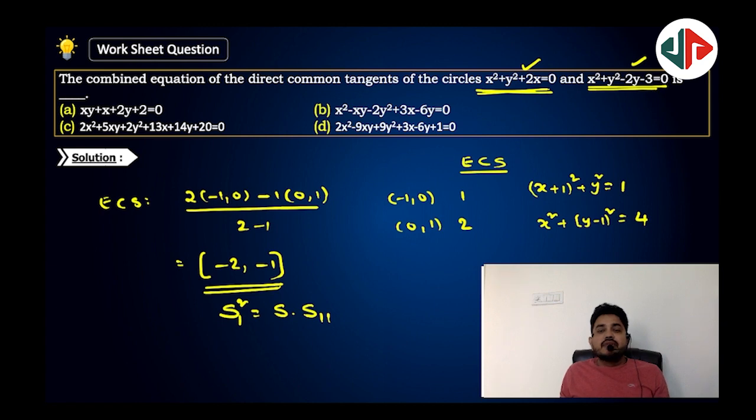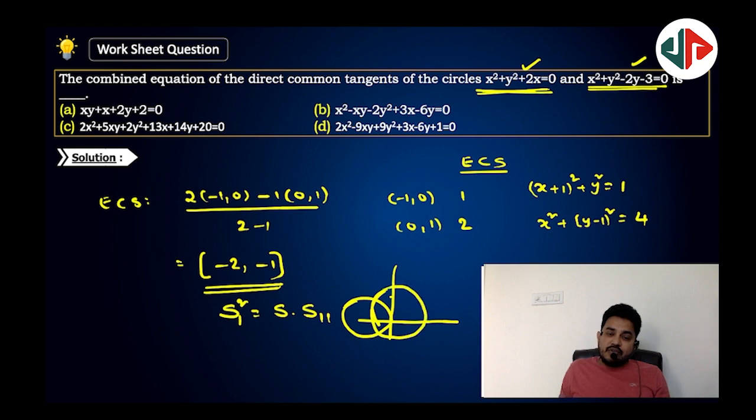So you can get the answer straight away. Maybe if you want to try visualization, one circle is like this, and the next circle has center (0, 1) and radius 2 units. So you are going to get this.